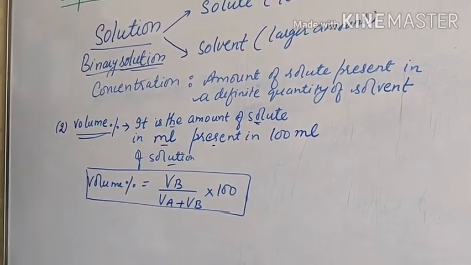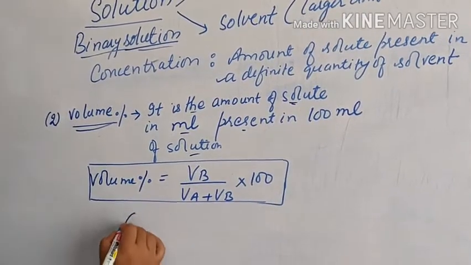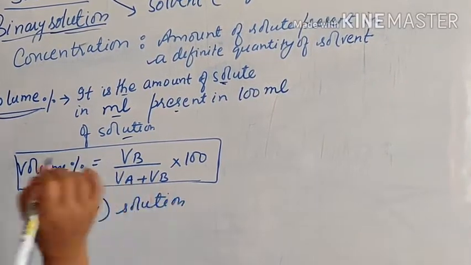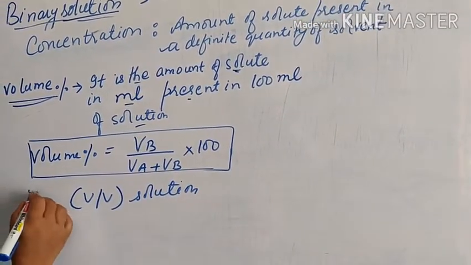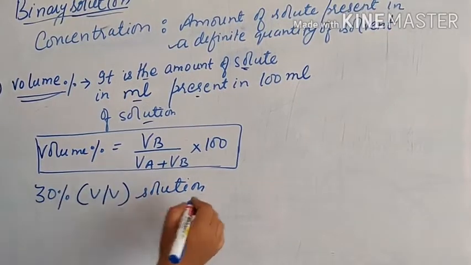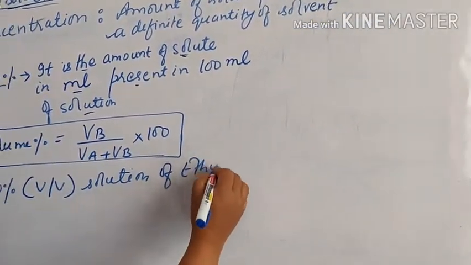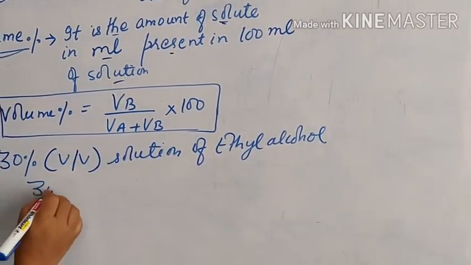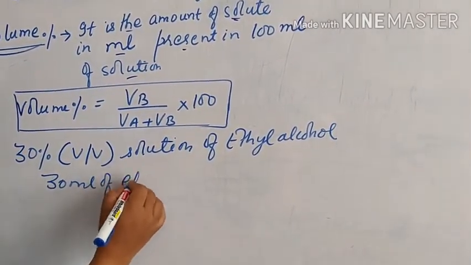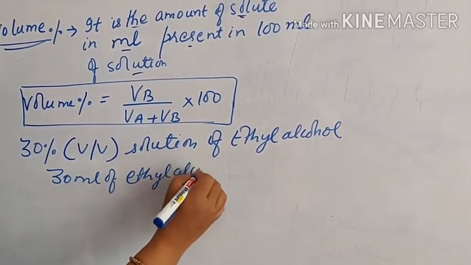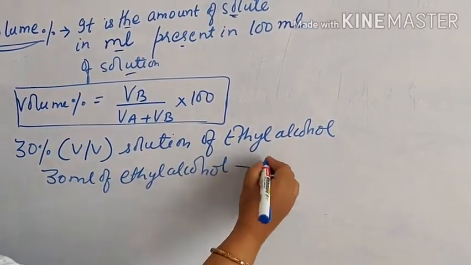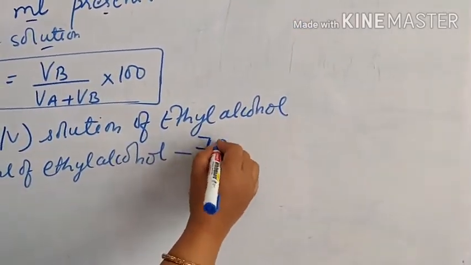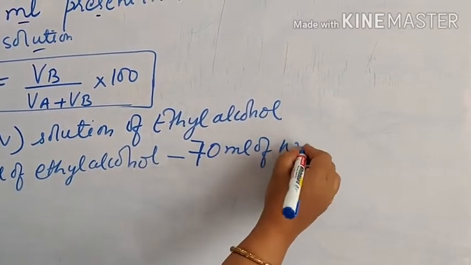When a solution is expressed in volume percent, it is written as V by V solution. For example, a 30% V by V solution of ethyl alcohol. What does it mean? It means that 30 milliliter of ethyl alcohol is present in 100 ml of solution, or we can say is present in 70 milliliter of water.